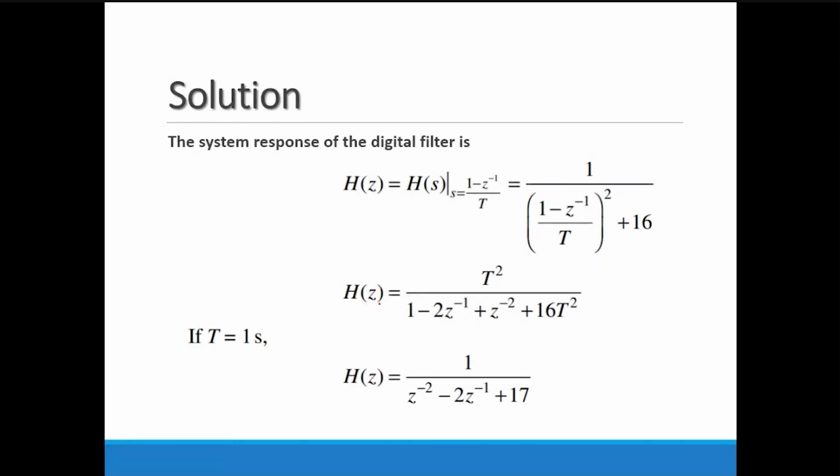Okay, so you are getting H(z) is equal to T square divided by (1 minus 2z inverse plus z inverse square) plus 16 T square.